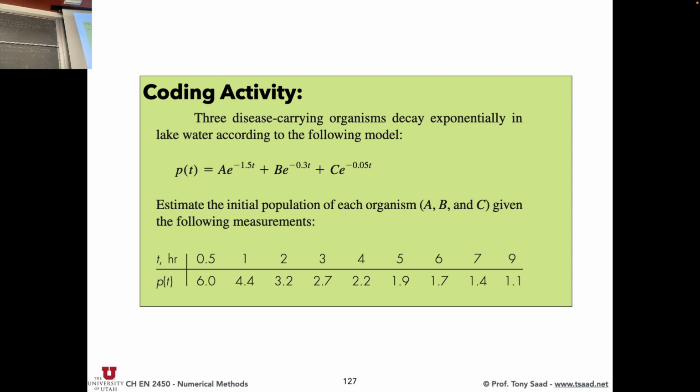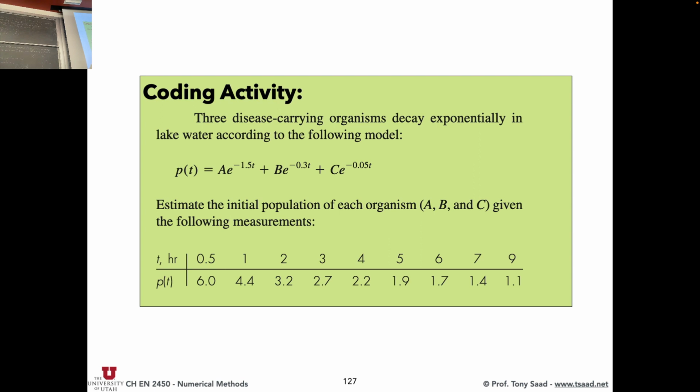There's a huge growth of some bacteria, and then they decay naturally as they consume resources, etc. So there are three disease-carrying organisms in a lake, and they decay exponentially according to the following model: A e to the minus 1.5t plus B e to the minus 0.3t plus C e to the minus 0.05t. Now t in this case is time.